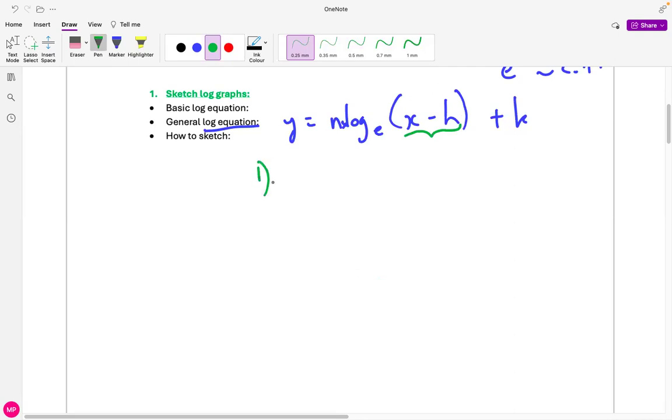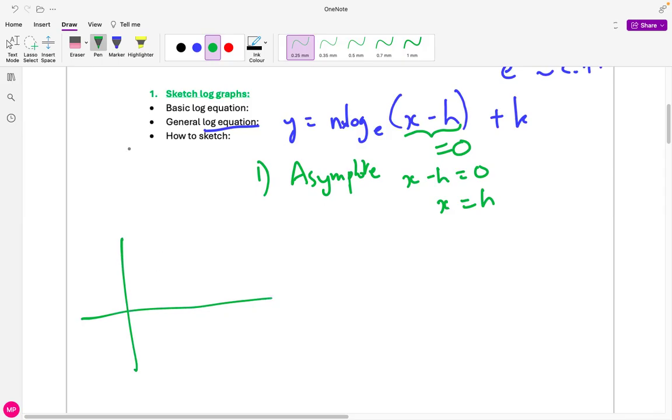The asymptote for log is the x value that makes the log of zero, because log of zero is impossible. So technically to find the asymptote, you just need to let this equal zero. So x minus h equals zero, so you have x equals h. If x equals h, the whole bracket will become zero, right? So x equals h is the asymptote.